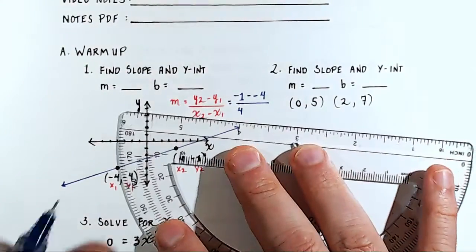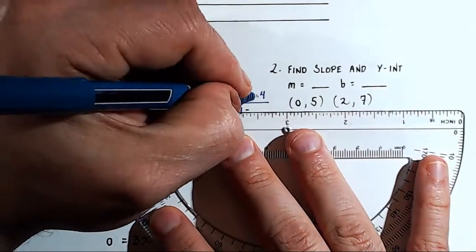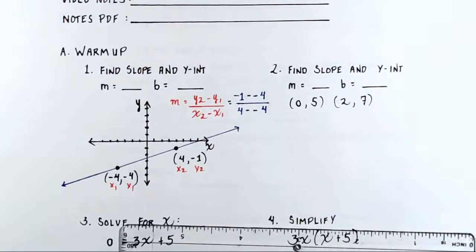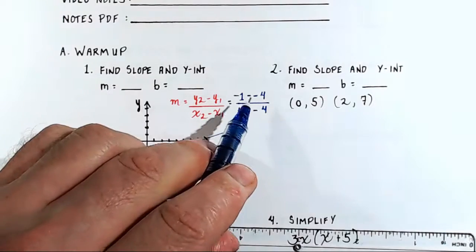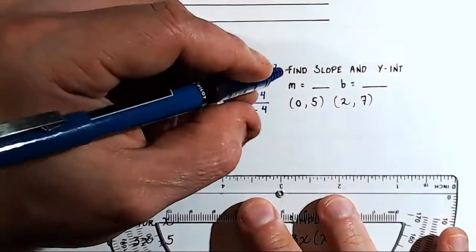So that would be minus -4. Okay, so that's kind of the first step. And we have to notice that we've got a double negative on top and on bottom. So the 2 negatives become a positive. So let's rewrite the next step.